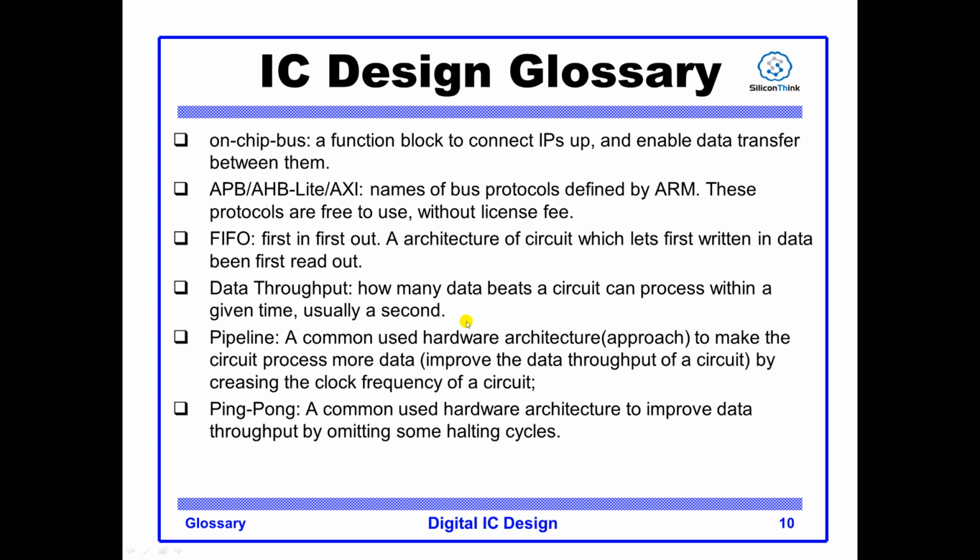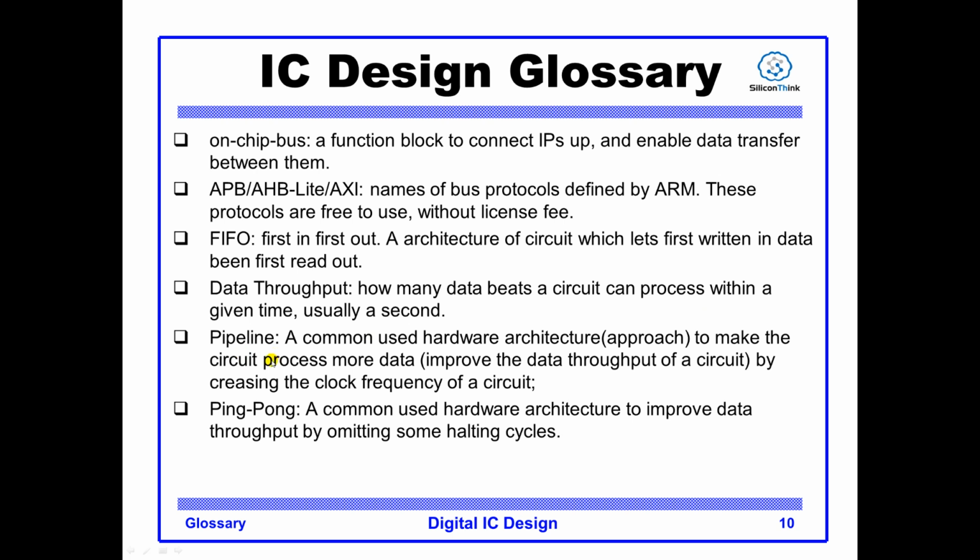For example, if the data throughput of a circuit is 1 megabyte, this means the circuit can process 1 megabyte of data in a second.